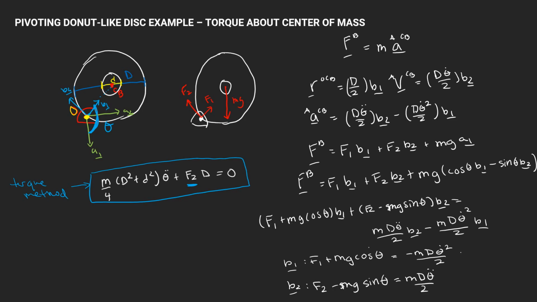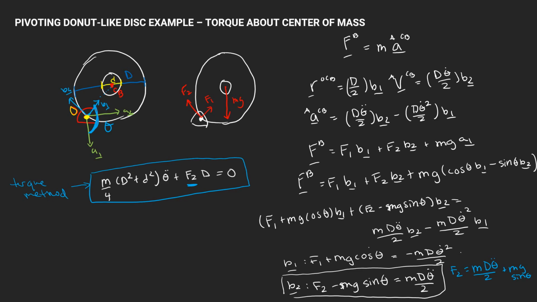All right, and so all we need is one equation that gets rid of F2, so we can use this equation here. We'll just simply rewrite that as F2 is equal to m d theta double dot over 2 plus mg sine theta. So now let's plug that into the equation that we got for torque.